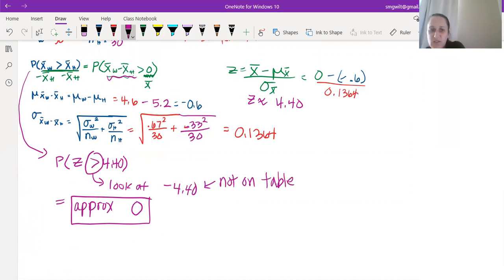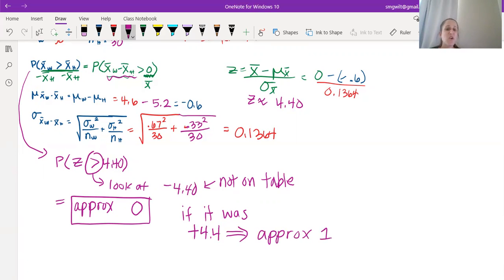I'm just going to write down that if it was positive 4.4, our answer would be approximately 1. Again, those are the bigger concepts. Hopefully that helps with your working on the test or the review or studying or all of that.